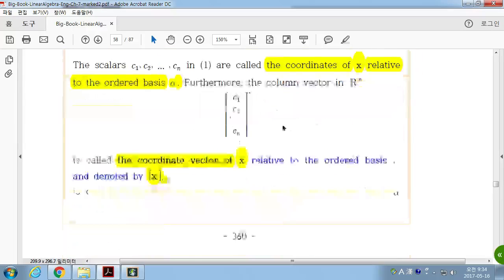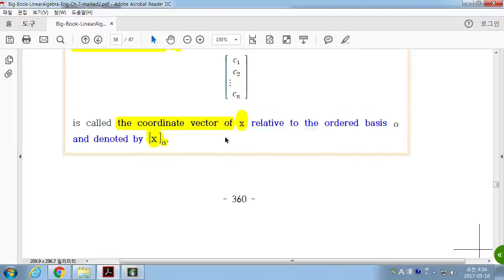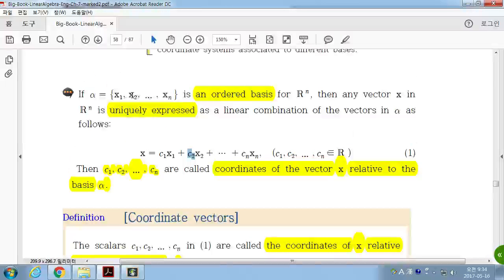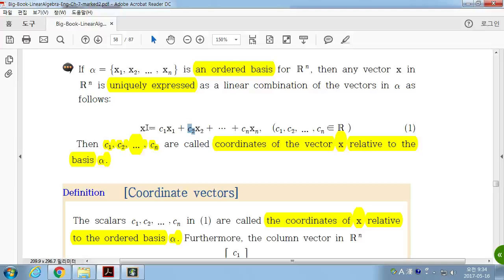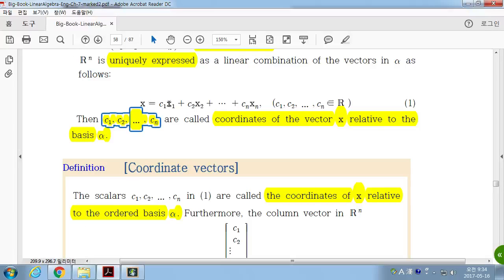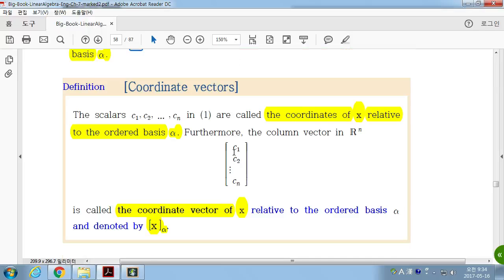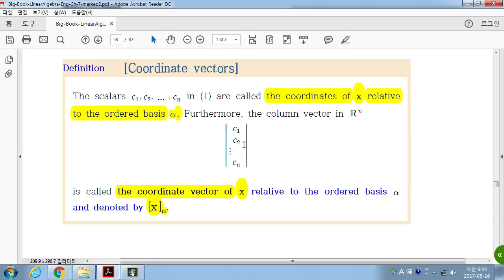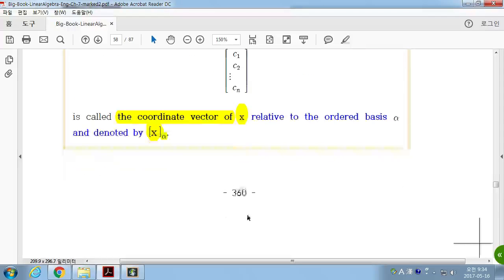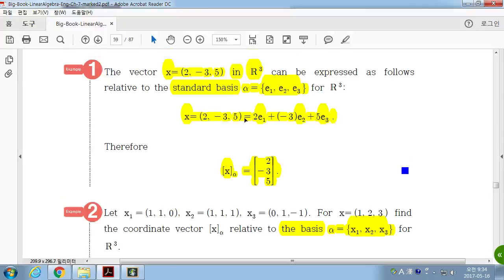So whenever you have a basis and a vector, the vector can be written as a linear combination of the xi's, and those coefficients give you the coordinate vector of x in the given basis alpha. Suppose x is a vector in R3, and you have the standard basis e1, e2, e3, say alpha.